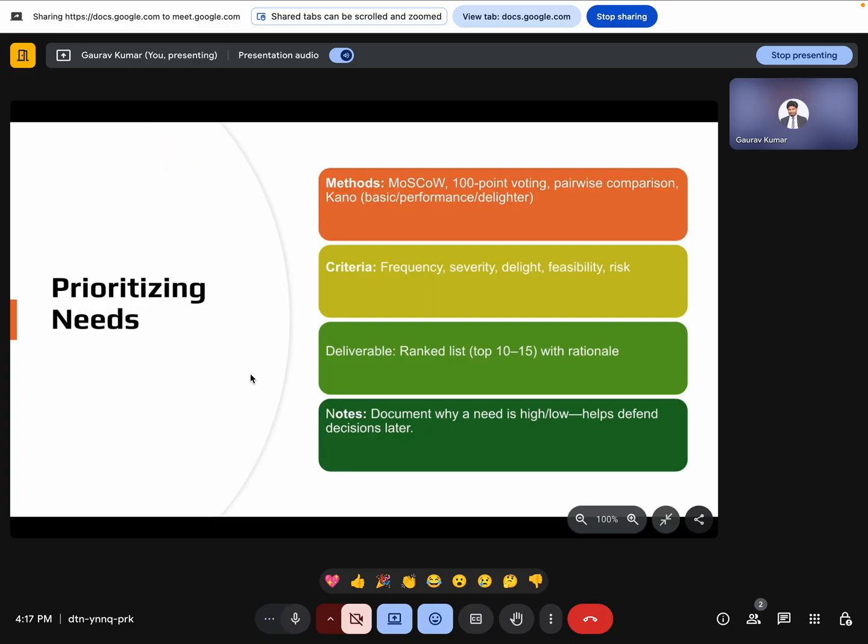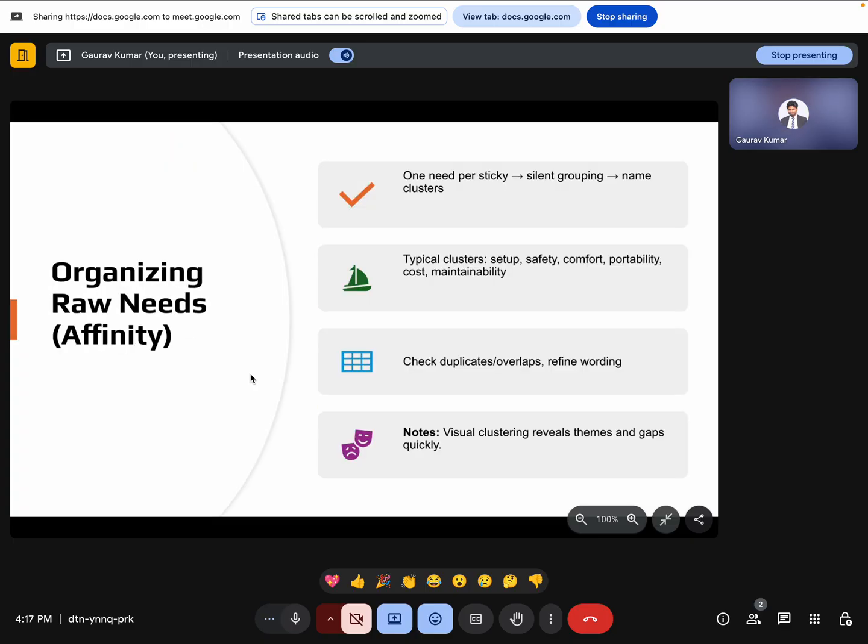Moving towards the next slide: organizing raw needs with affinity mapping. Once I have a wall of needs, I create order through affinity mapping. Each need gets its own note. Without debate, we silently group notes that feel similar.